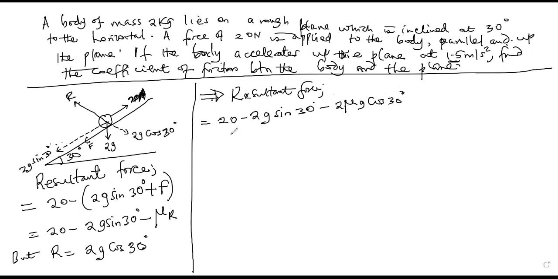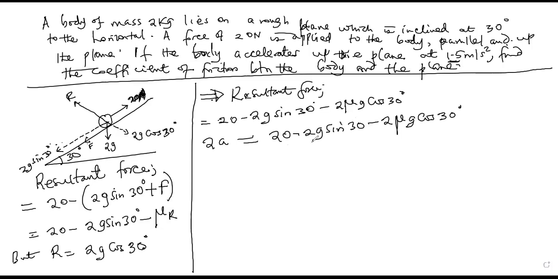But the resultant force F is equal to mass times acceleration. So the mass is 2, times acceleration, is equal to 20 minus 2g sin 30 minus 2 mu g cos 30. And here you can easily get the value.